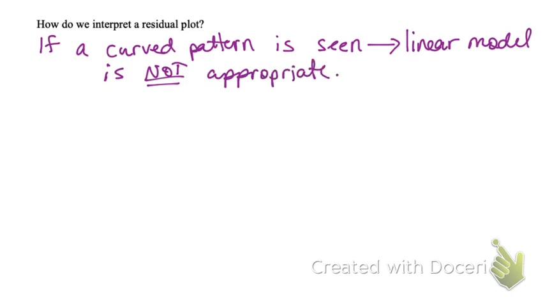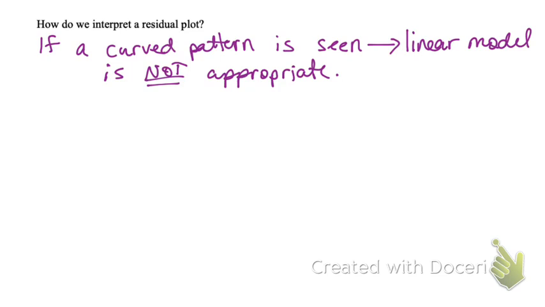Hopefully that should make sense to you, because if you see a curve on the residual plot, then you are obviously not looking at something that is linear. You're looking at something that is curved. Maybe it's quadratic or logarithmic or exponential. None of that matters, but you just know that it's not linear. So if you see a curved pattern, the linear model is not really the best fit.